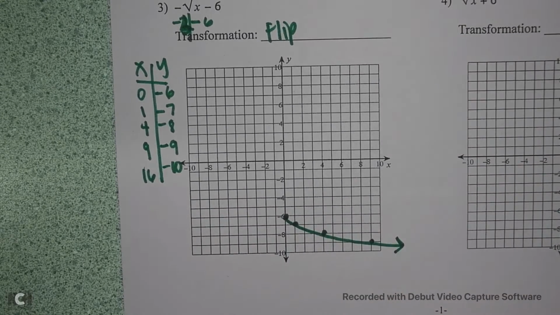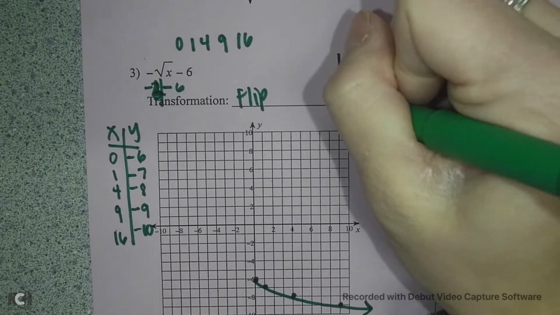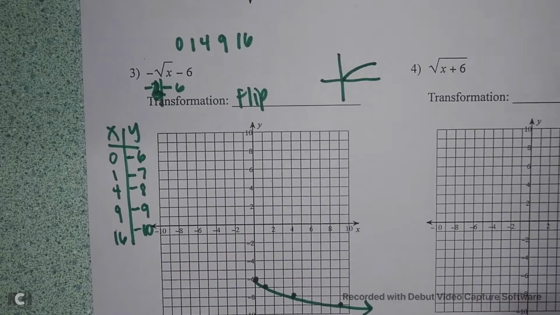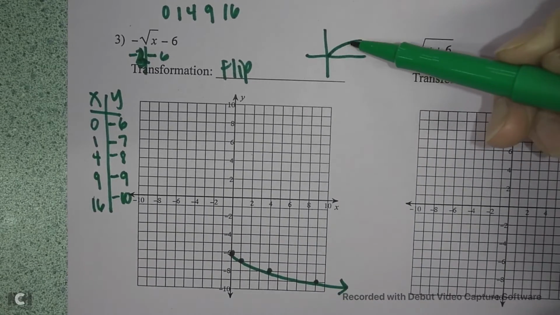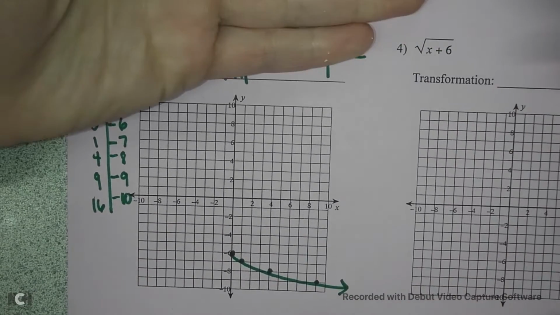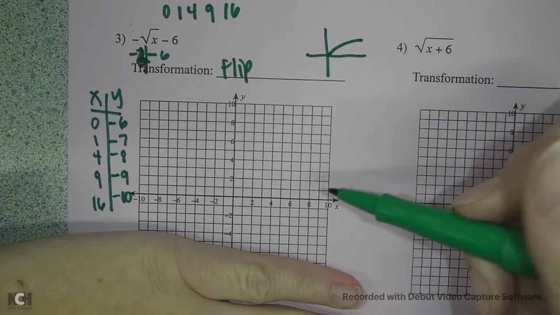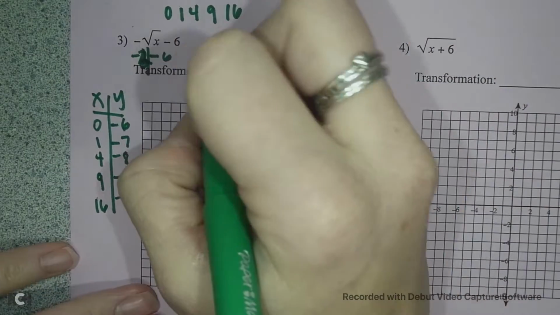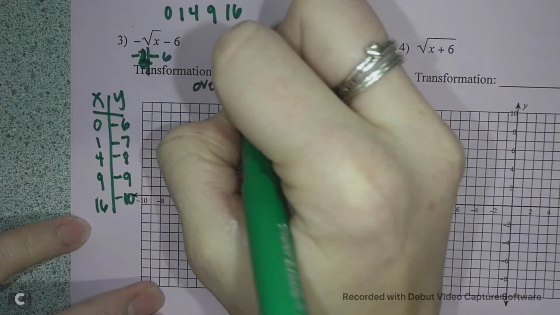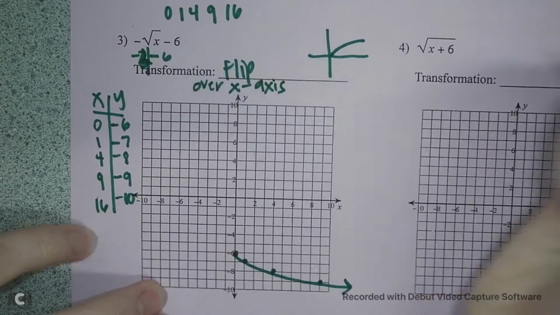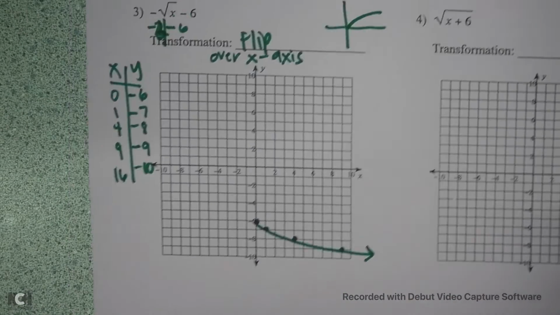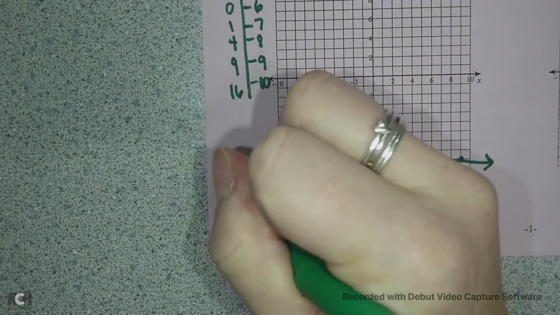Okay, now the parent function of a square root looks like this. So to go from this to this, it flips this way. So to flip this way is a flip over the x-axis. So a flip over x-axis. Okay, a flip over the y-axis would look like this.